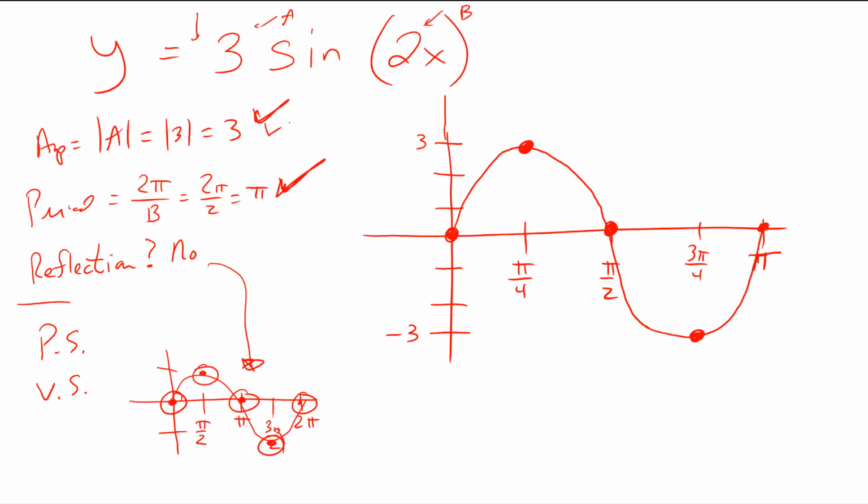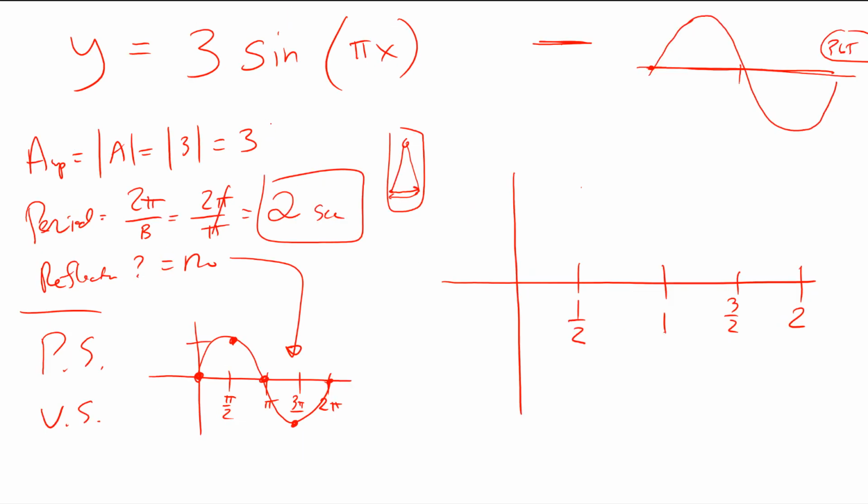Set our amplitude 3. So now notice the scale on my y-axis is way different than the scale on my x-axis. All right, I got my critical points, or at least my values for the critical points. I have my graph in front of me. Perfect.